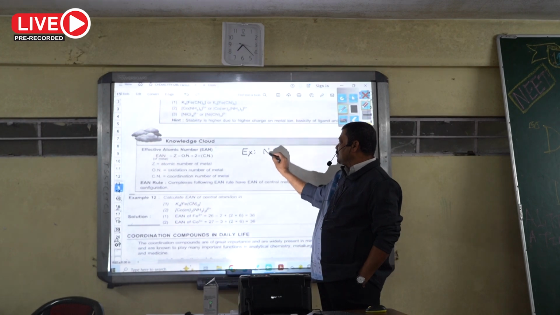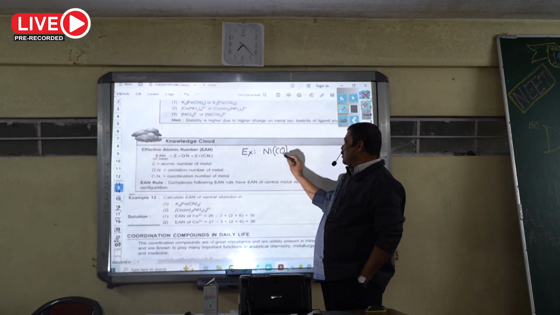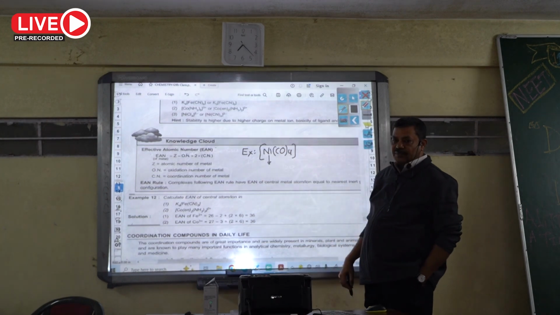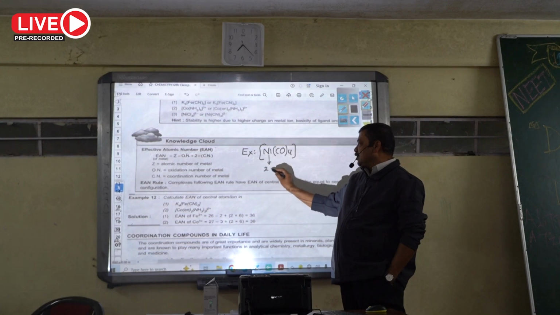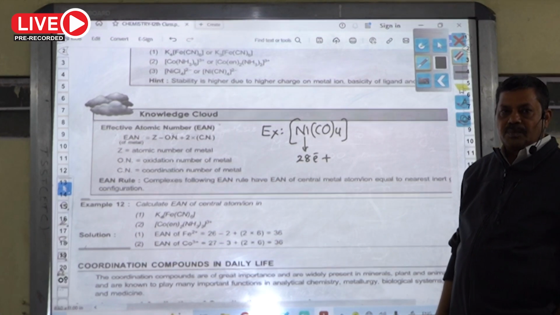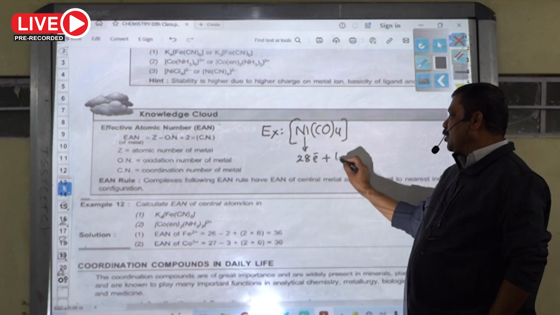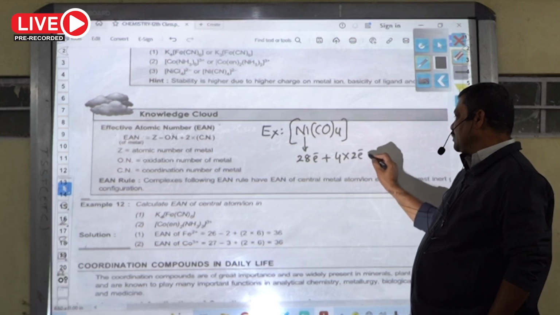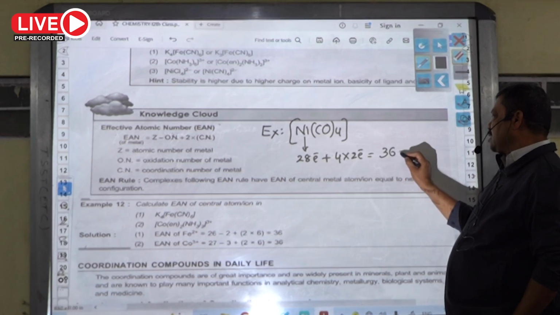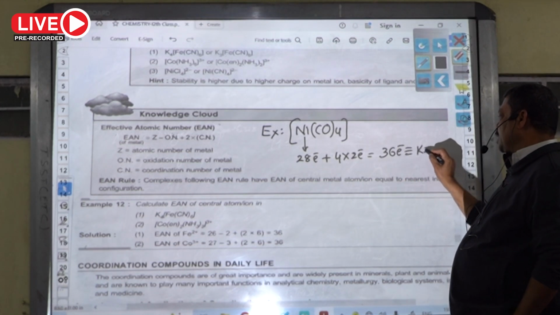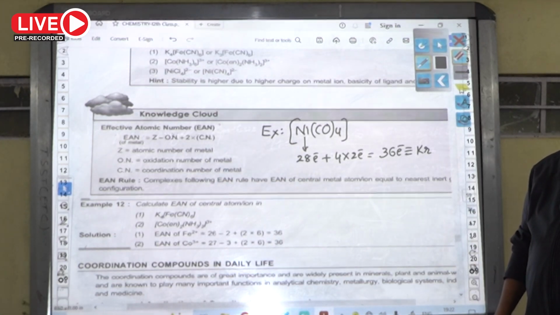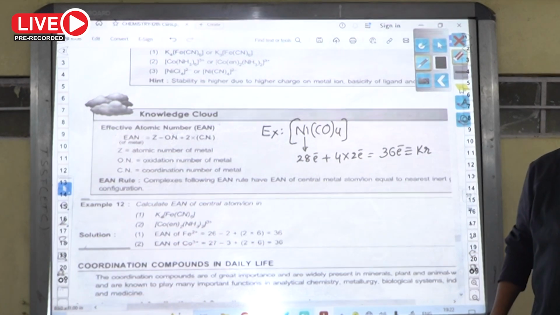Example 1. Ni(CO)4. What is the total number of electrons of nickel? 28. Plus 4 ligands contribute 4 into 2 electrons. So total electrons become 36, which is equal to krypton configuration. So nickel carbonyl obeys the EAN rule.